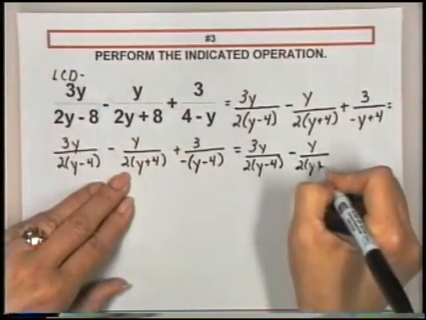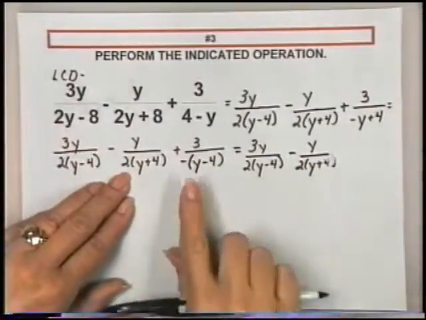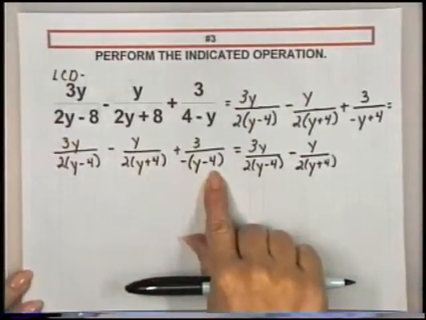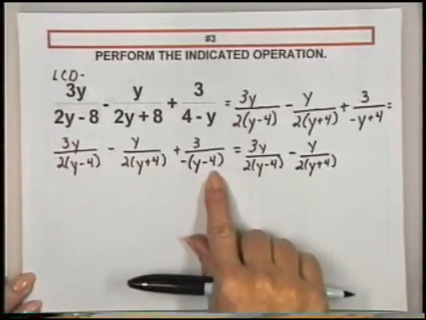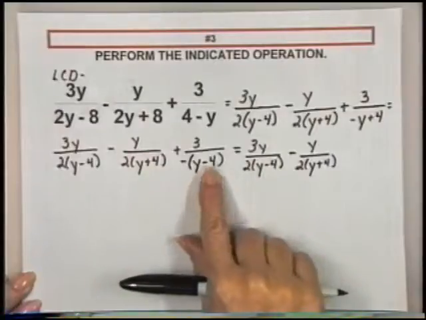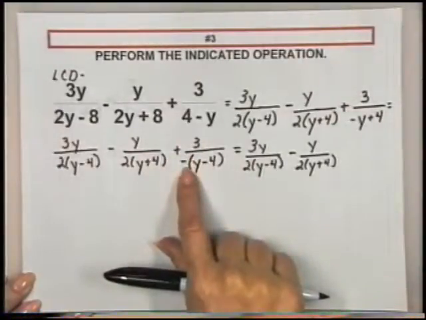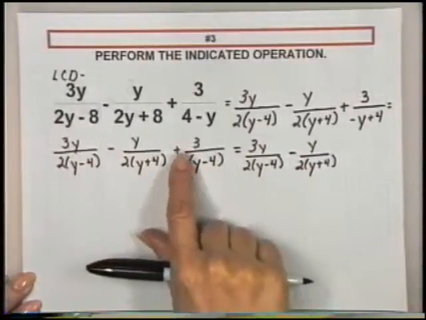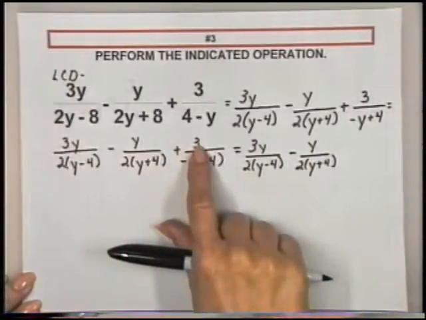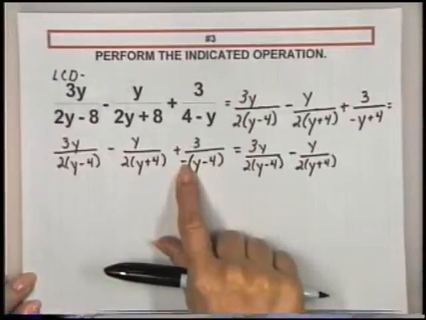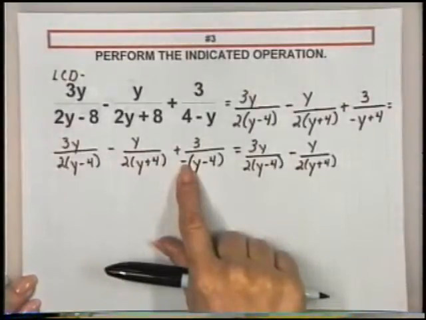fraction. Now when I get to this third fraction, I know that a fraction has three signs. It has a sign in front, a sign for the numerator, a sign for the denominator. In this case, I have an addition, the 3 is positive, and I have a negative.